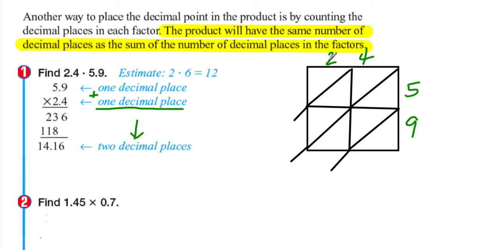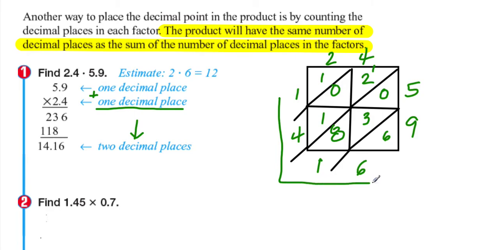And we multiply. 2 times 5 is 10, 4 times 5 is 20, 4 times 9 is 36, and 9 times 2 is 18. Okay, add diagonally. This is 6, this is 11, carry 1, 3, 4, and 1.